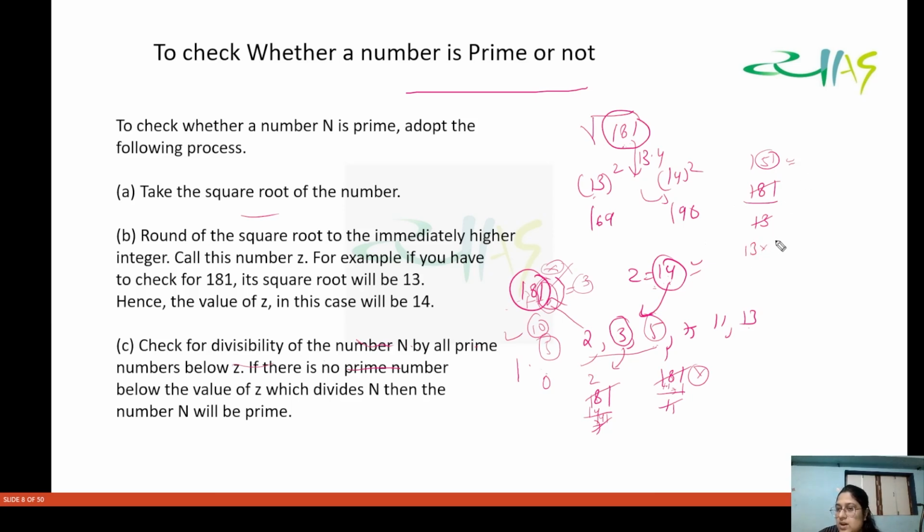So 13 ones are 13, 13 threes are 39. We know 13 fours is obviously 52. So we know 51 will not be occurring here. So definitely this 181 is not divisible by 13 as well. Now we can declare that this 181 is a prime number.